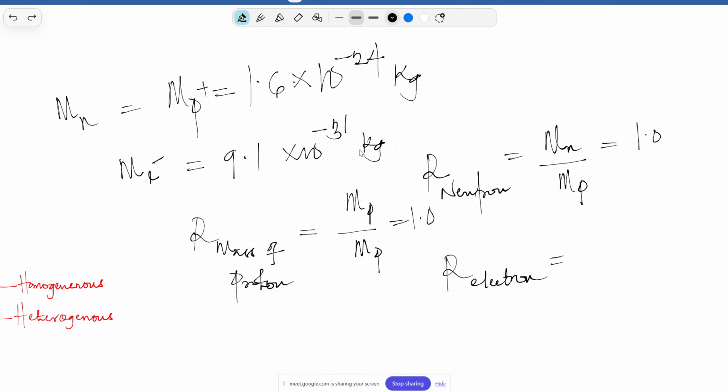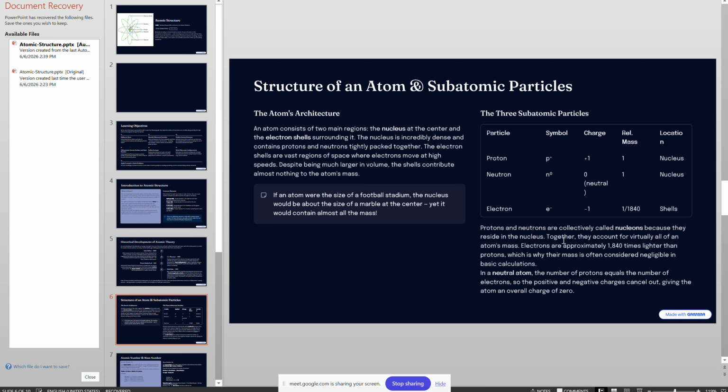Relative mass of electron is the mass of electron over the mass of photon. So this will give exactly this ratio, 1 over 1840. So that is what you have on that slide. I hope you are not confused.